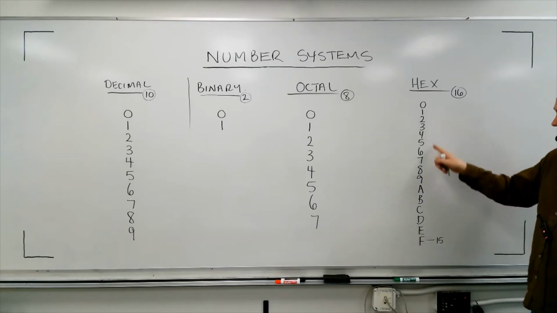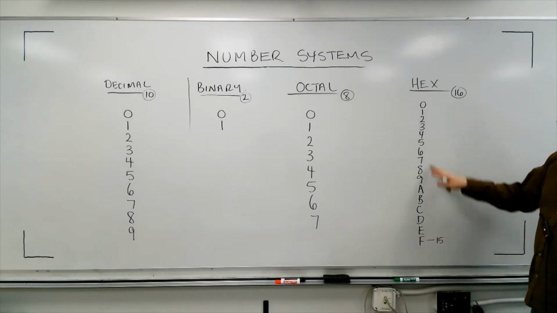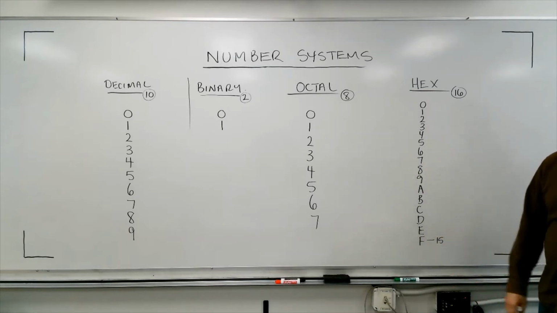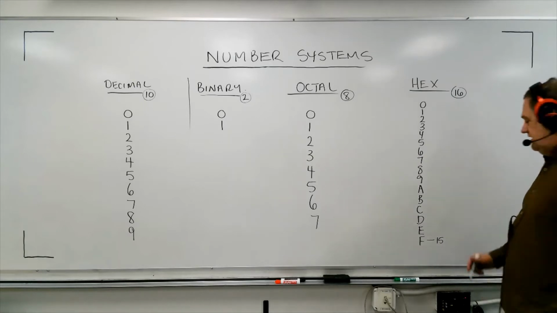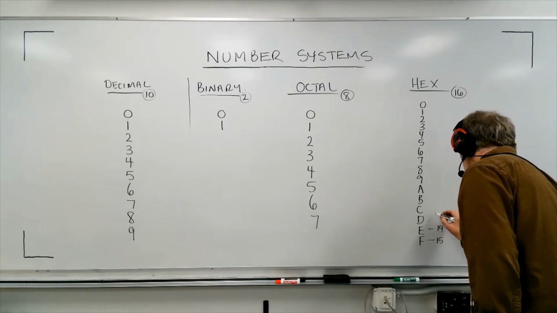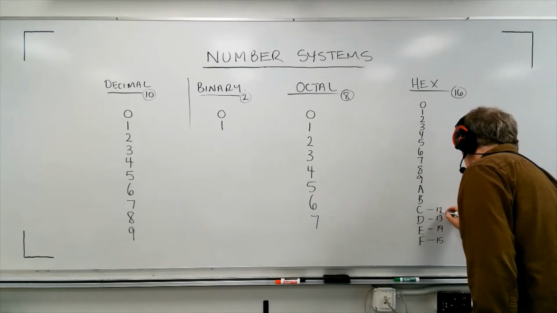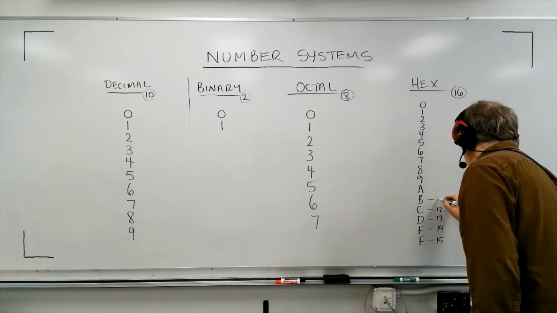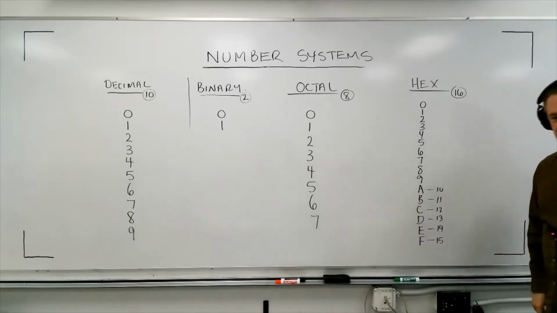We'd be mixing these ones. F doesn't appear anywhere else here, so F works great for 15. E is going to be just going back down, right? So E is 14, D is 13, C is 12, B is 11, and A is equal to 10.